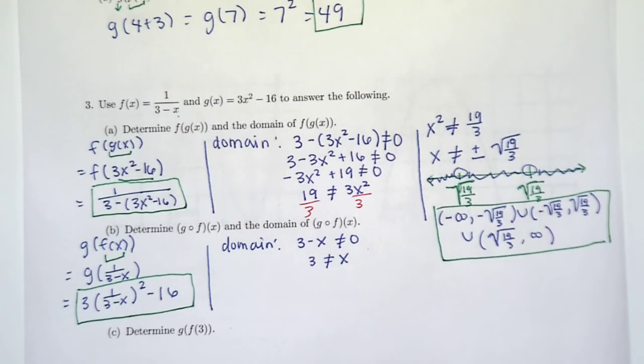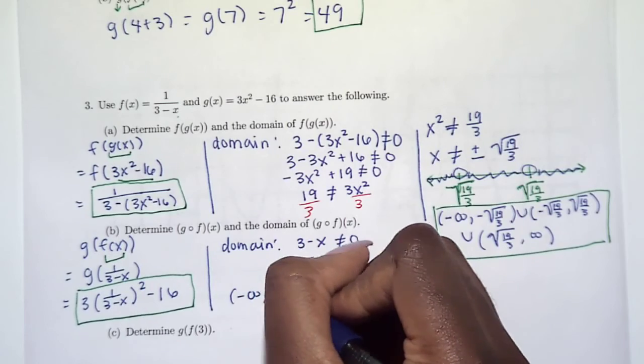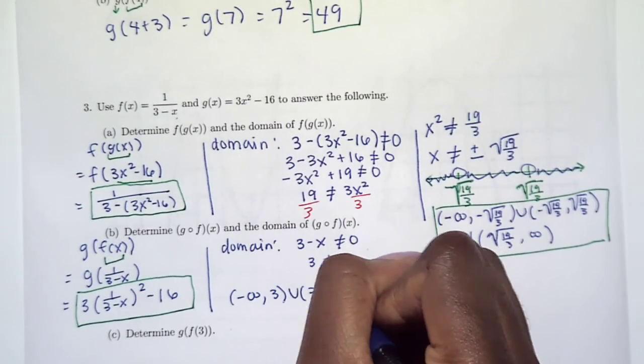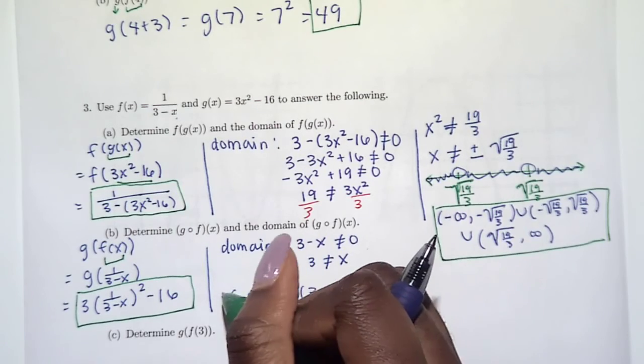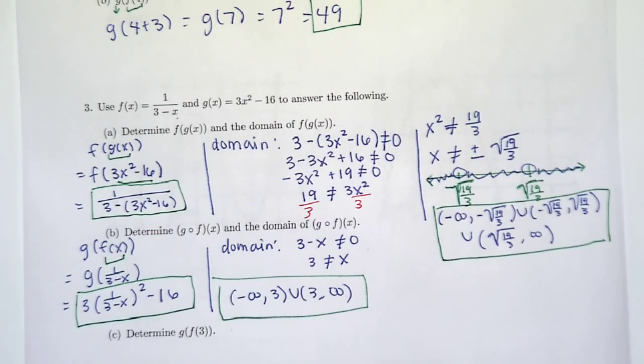Perfect. X can't equal 3. So you can draw a number line if you want. I'm going to jump to interval notation. Here's our domain, everything except 3.